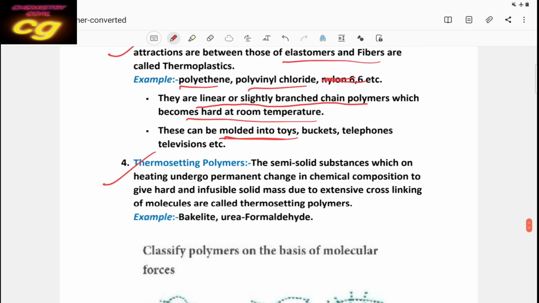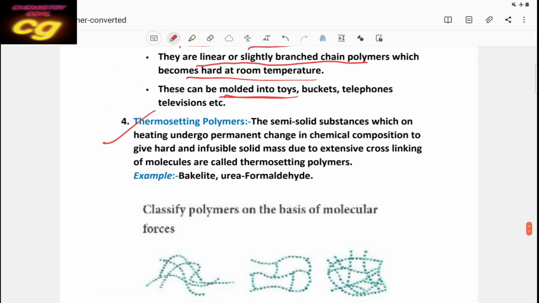Then what are thermosetting polymers? In thermosetting polymers, the intermolecular force is very high. On heating, the intermolecular force becomes even stronger. Compared to thermoplastic, which becomes soft on heating, thermosetting polymers become harder on heating.